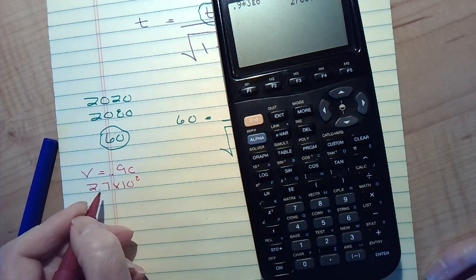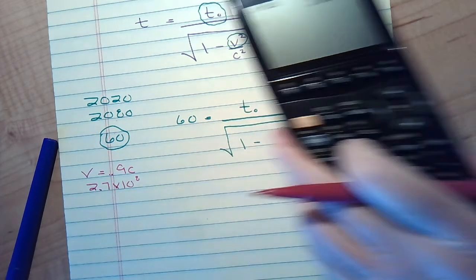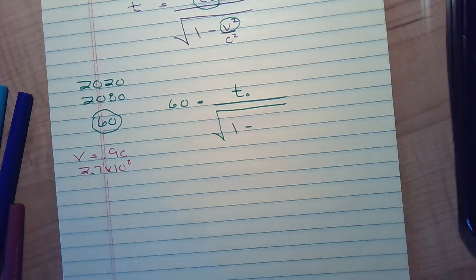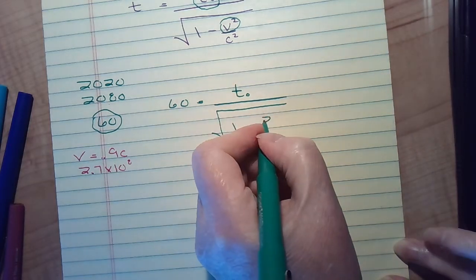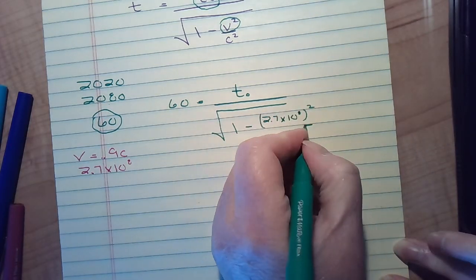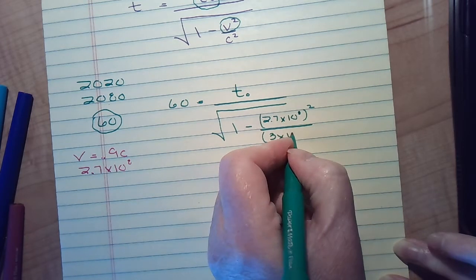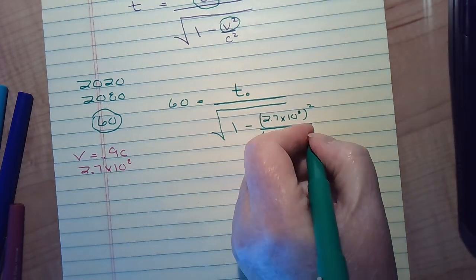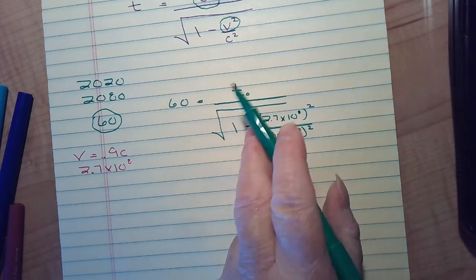We need to figure out how long we have to spend in the spaceship, because in the problem they tell us how fast we're going to be traveling. So we can travel at 0.9 c, a velocity of 0.9 c. I'm going to figure out how fast that is.